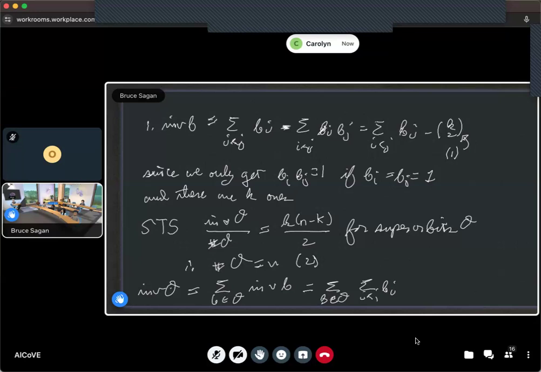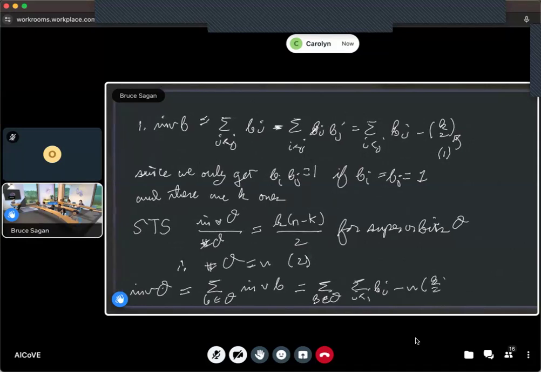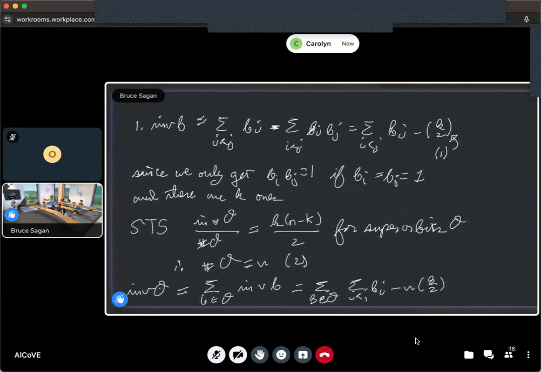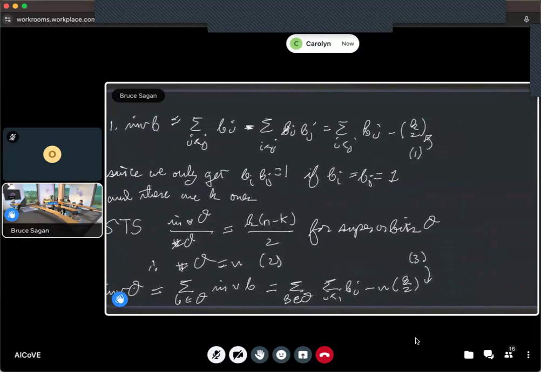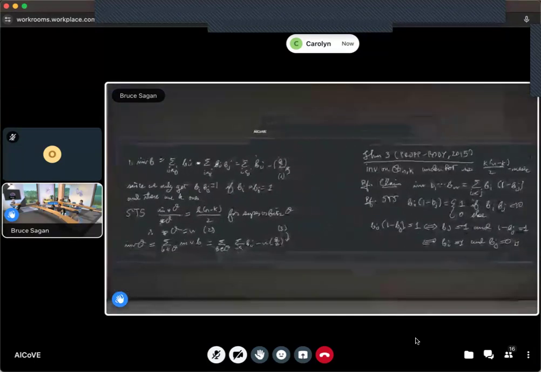Well, the second one's constant, so we're just getting it n times. So that's going to be minus n times k choose 2. Let's call that 3. So now we just have to figure out this inner sum. Everybody agree? Okay.